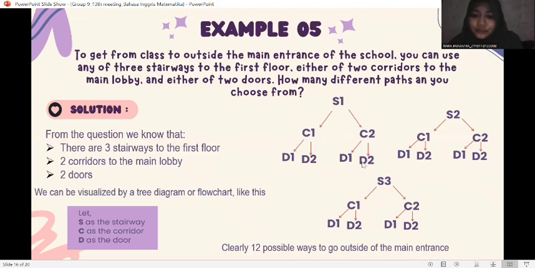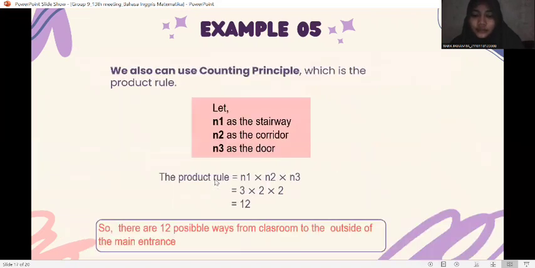Okay, so we can visualize this with a tree diagram or flow chart like this. Let S be the stairwell, C the corridor, D the door. We can also use the counting principle, which is the product rule. Let N1 be the stairwells, N2 the corridors, and N3 the doors.